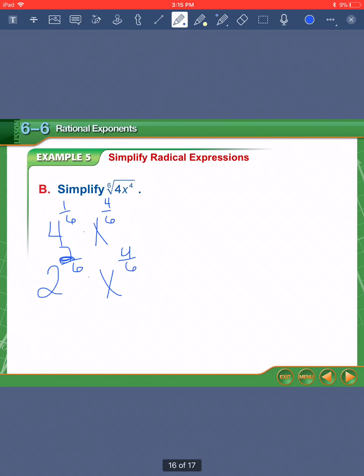And now simplifying those, that's 2 to the 1/3 power times x to the 2/3 power. And it looks like that's about all I can do. They're both being raised to the 1/3. So I can rewrite it as the cube root of 2x, but the x is still being squared. So it's the cube root of 2x squared.